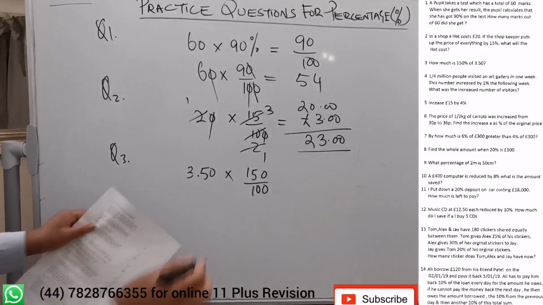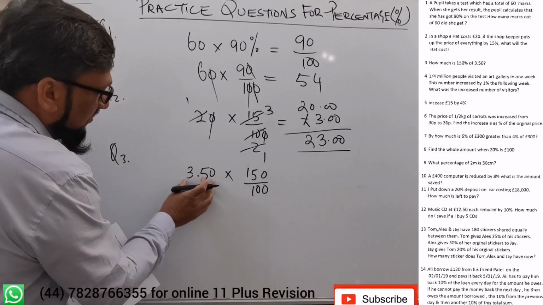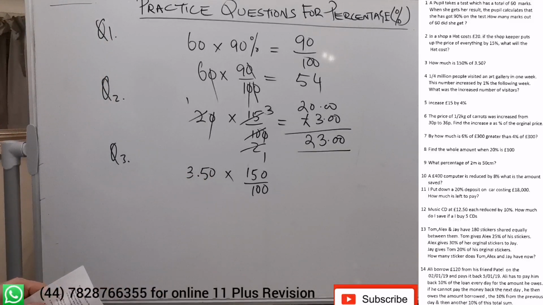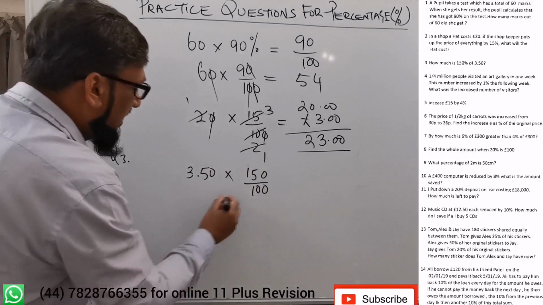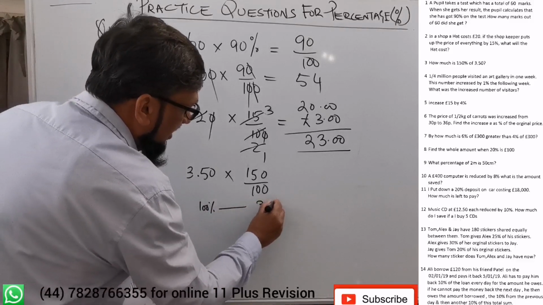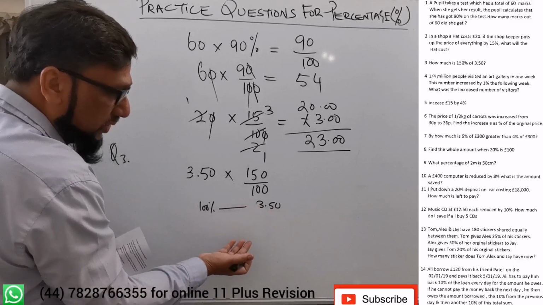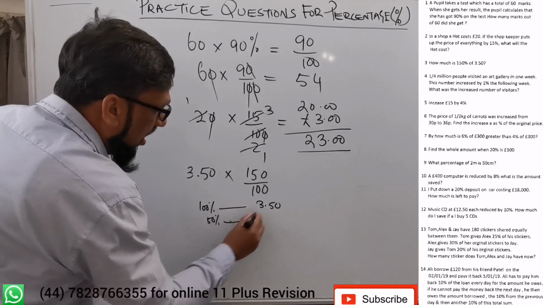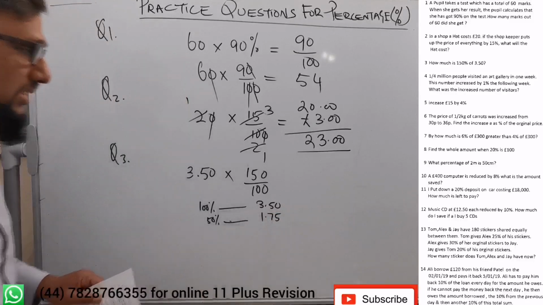The easiest way is that 3 pounds and 50 pence is equal to 100%. And 50% is a half of 3.50. So if the 100% is 3 pounds and 50 pence, then 50% is half of that, which is 1 pound 75 pence.